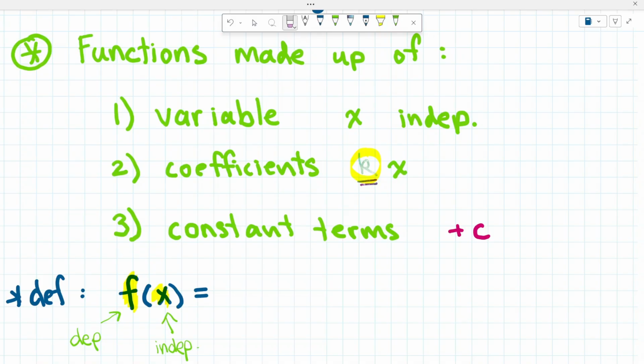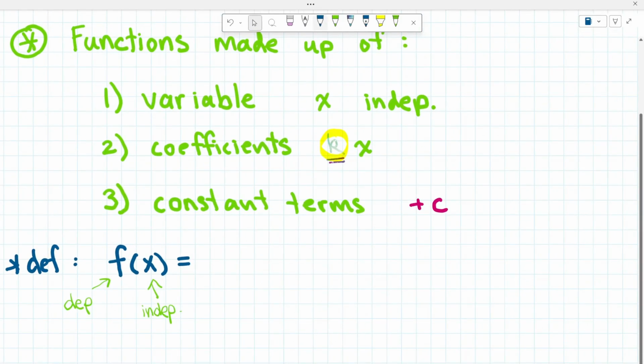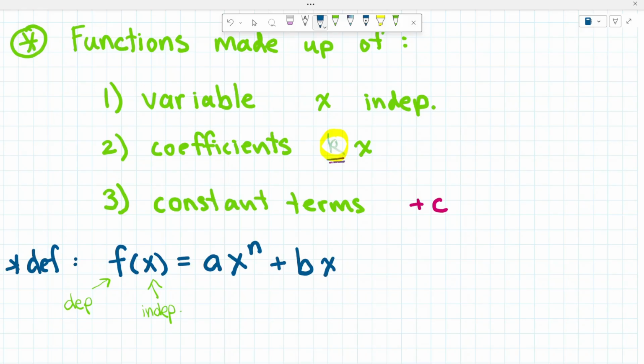Okay, so now that we have that cleared up, let's write out this full definition. We have f of x equals a, which is a constant, times x to the power of n, where n is our exponent, plus b, another coefficient, multiplied by x to the power of n minus 1, and then plus c, x to the power of n minus 2.